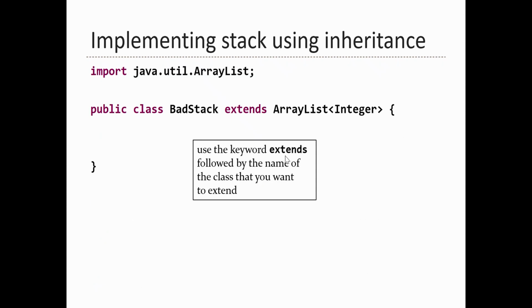The way you do this is you make your class, so public class, some name, BadStack, because this is a bad example, and then you write extends. Extends is a keyword, and then you write the name of the class that you want to extend. This is the parent class or superclass. That's the child class. That's it. You've now extended ArrayList.